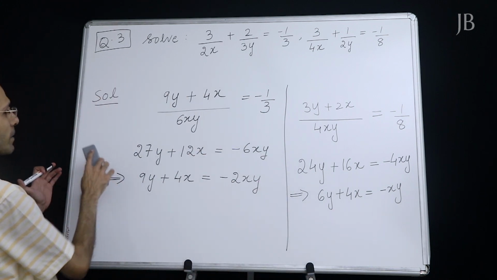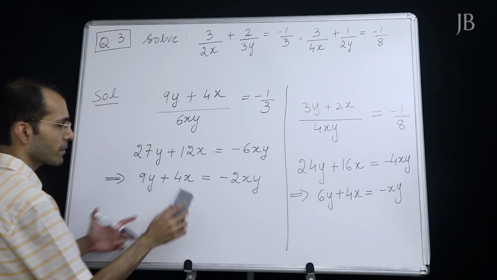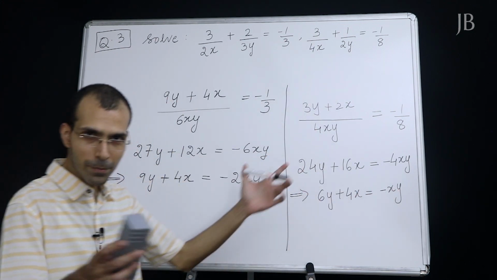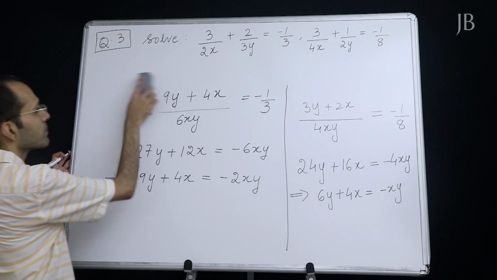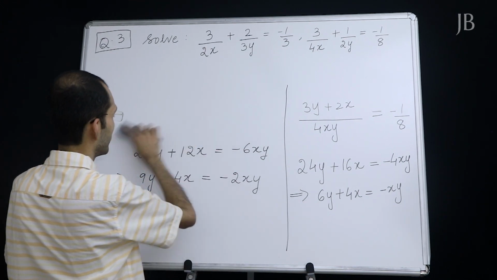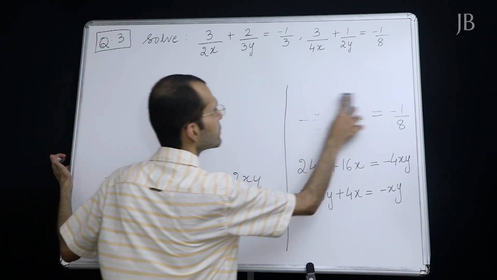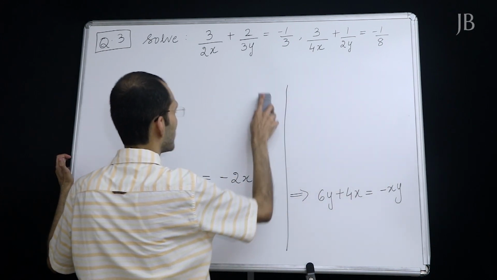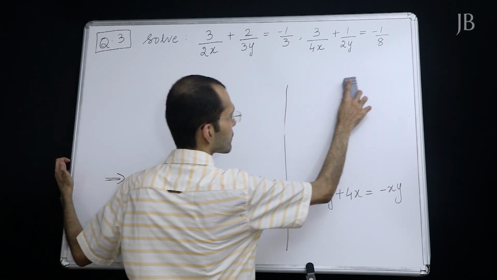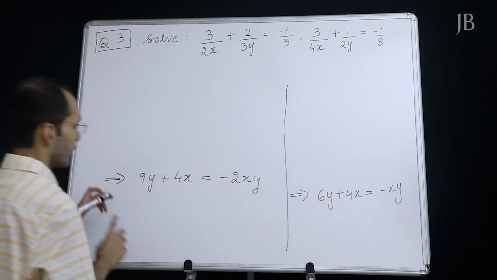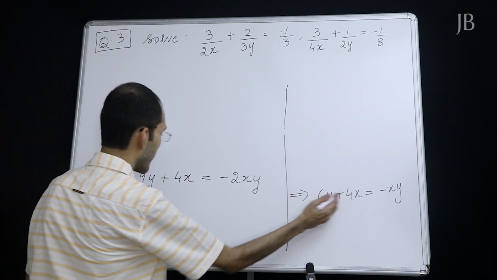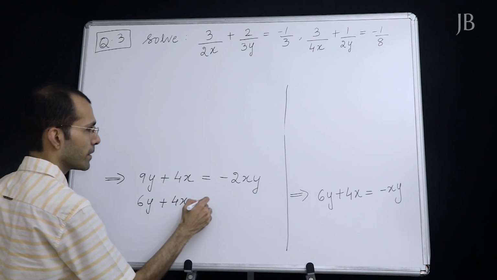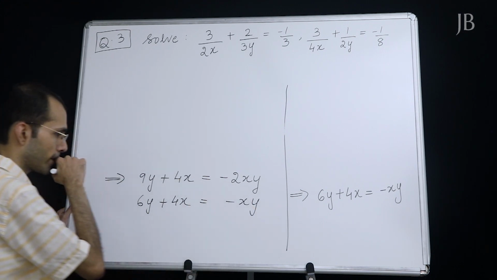Okay, up to here we have come. Now this was our new equation for this and this was our new equation for this. Let's bring them close and see how to tackle them. So this I'll bring it here, okay, y under y now. 6y plus 4x is equaling minus xy.